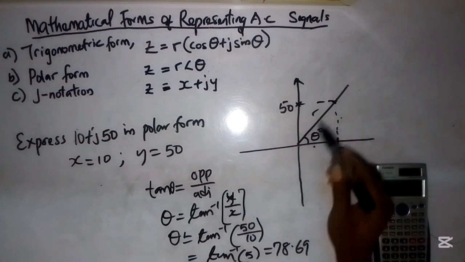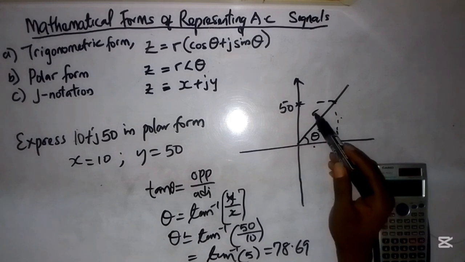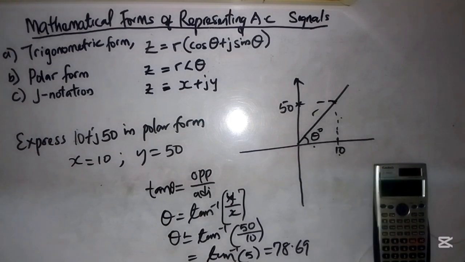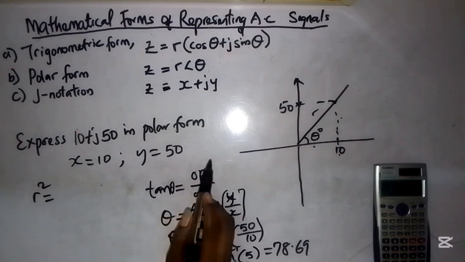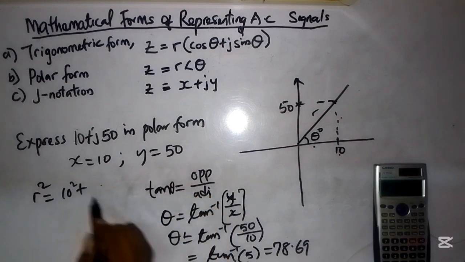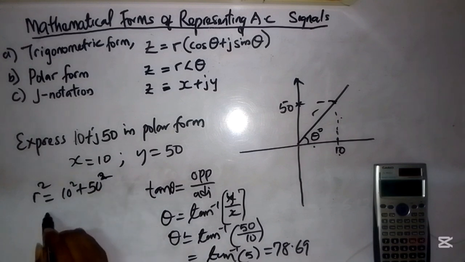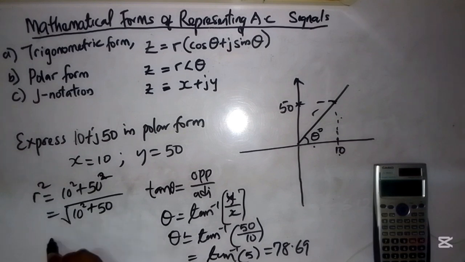Which is easy. We can see that from Pythagoras theorem, which states that the square of the hypotenuse is equal to the sum of the squares of the two other sides. So we can easily get the value of our r by saying that r squared is the same thing as 10 squared plus 50 squared, which is the same thing as the root of 10 squared plus 50 squared.